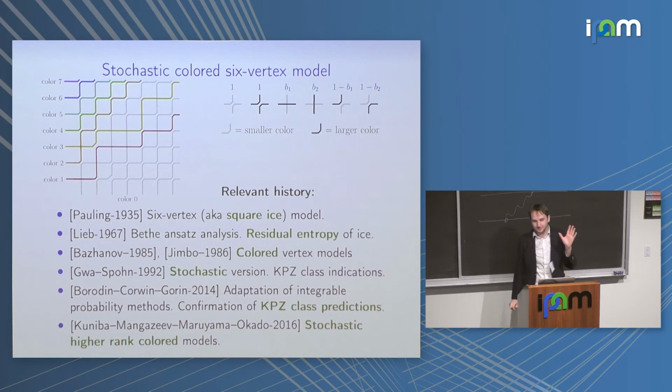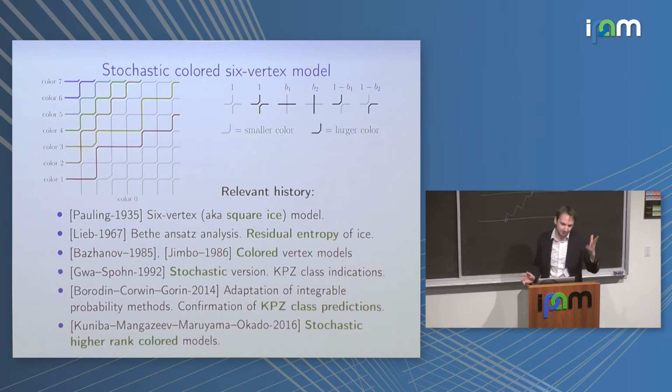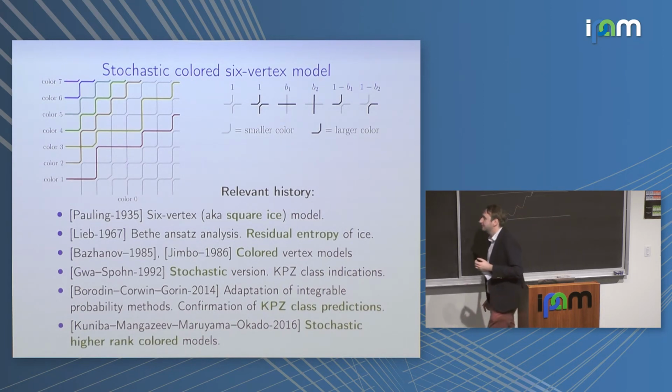So, there is lots of history about the six-vertex model, and there is no way for me to cover all of it. It appeared almost 85 years ago. And what is relevant for us is that first it appeared just without any colors. The idea that you can add colors to it is fresher.